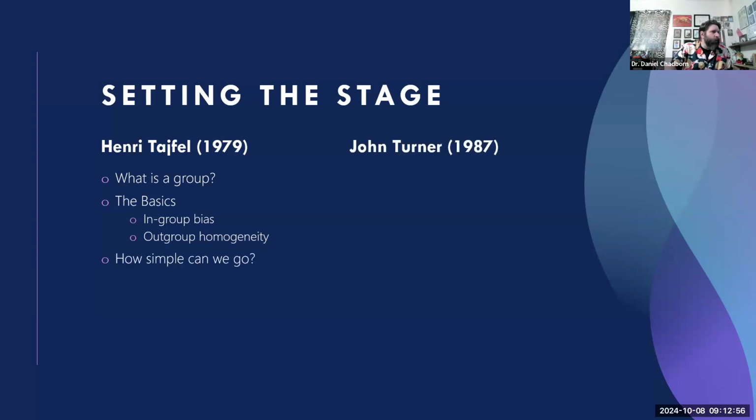And this can be narrowed down to really basic levels. Tajfel showed that we can even divide people based on what he defined as minimal groups, based on things like the flip of a coin, or choosing one painting over another. And we're talking about strangers in some of these early studies.